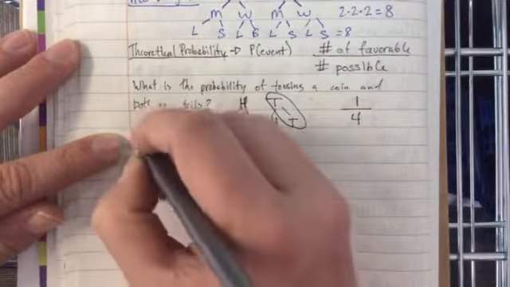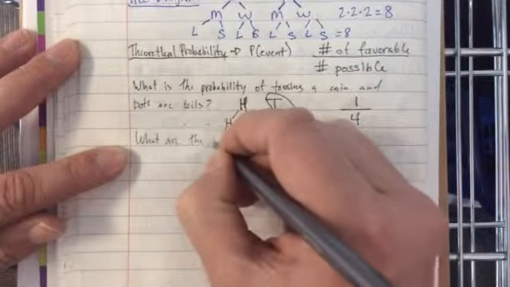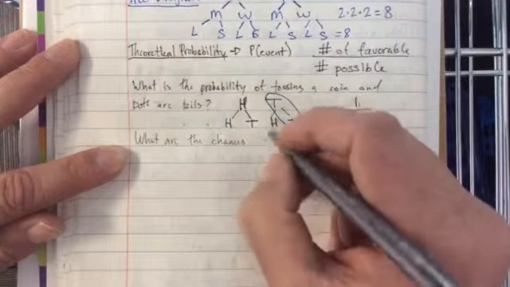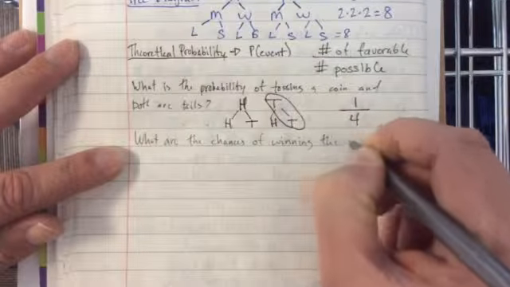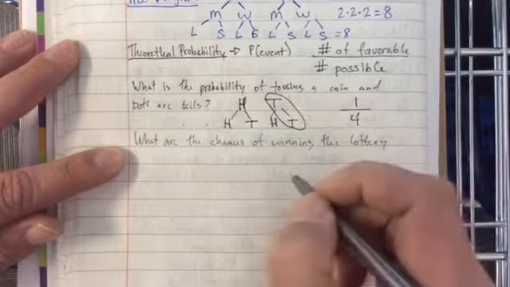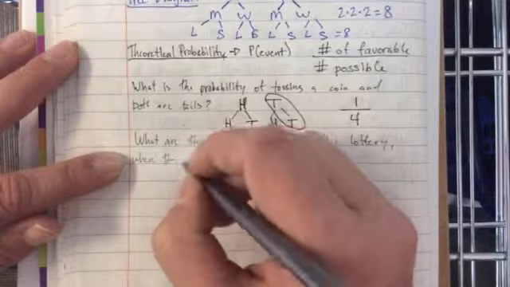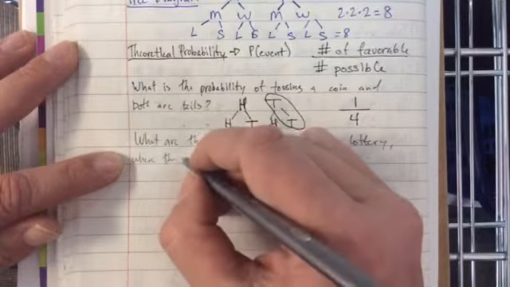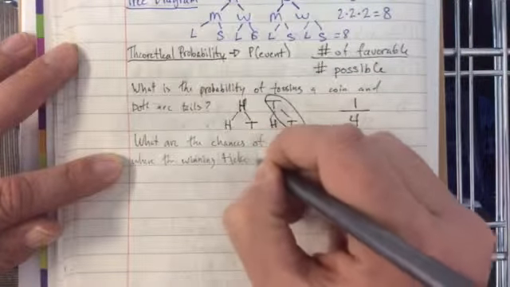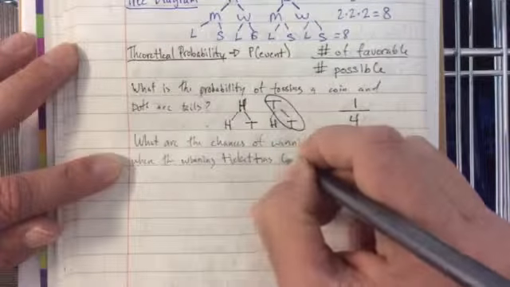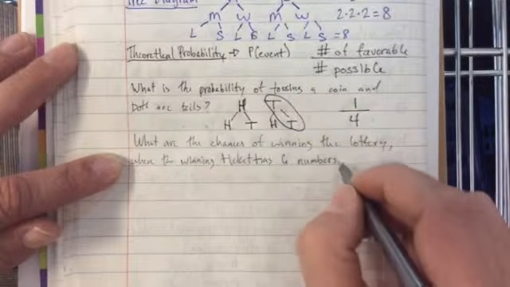So what are the chances of winning the lottery where the winning ticket has 6 numbers on it and you purchased 4 tickets?